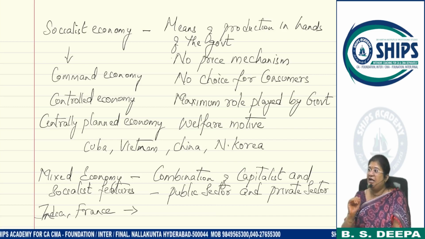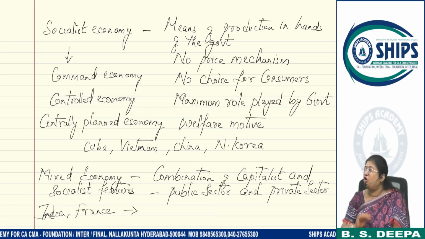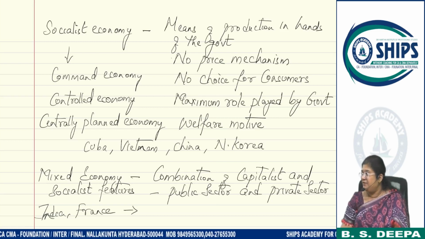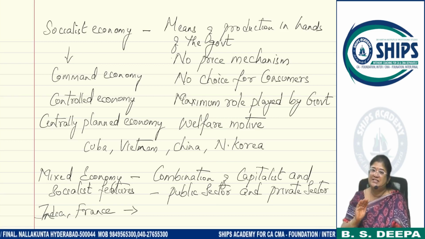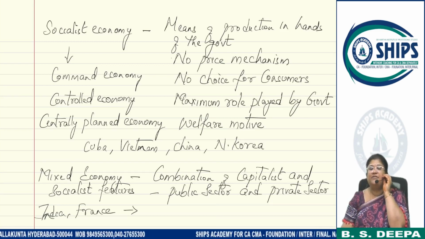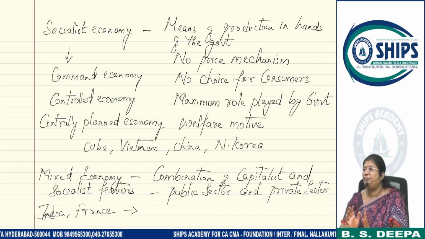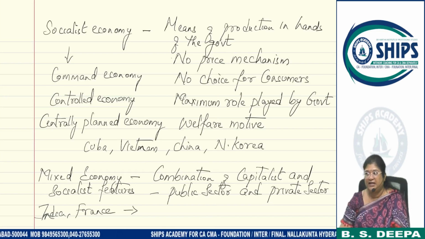Okay, that is why in India also we have a lot of stress on planning, isn't it? Whether it is budget or whether it is Niti Aayog or earlier 5-year plans we used to have, all of these is because planning is very important for our mixed economy to prosper. That is the reason why.